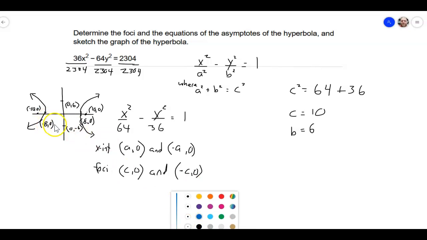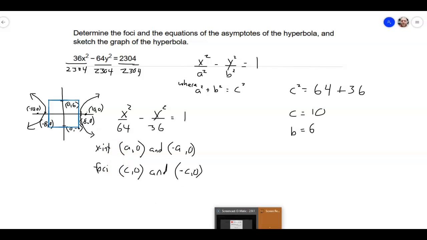It should go across, across. All right, well, pretend that this goes through the x-intercepts and also B. This is what we're going to use to graph and to figure out our equations for the asymptotes of the hyperbola. And those asymptotes are going to go through the center here and also these corners.